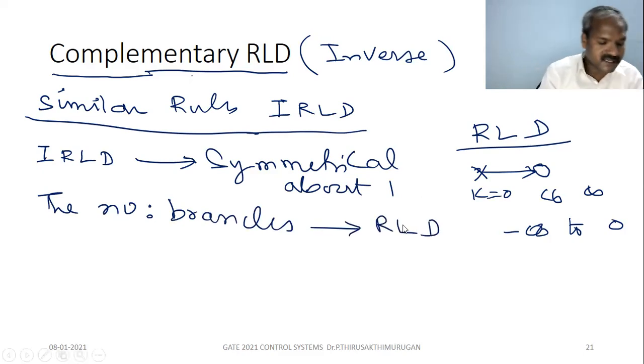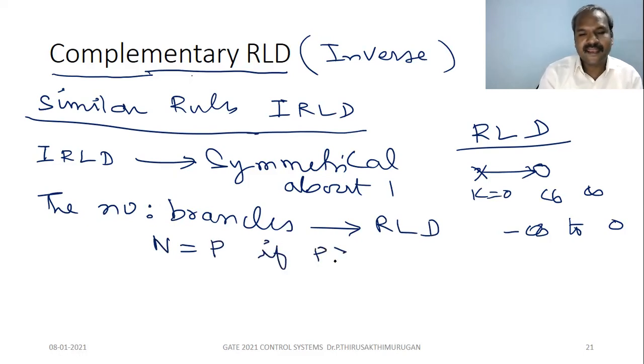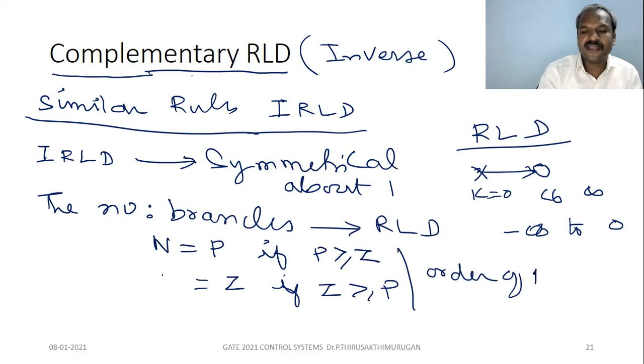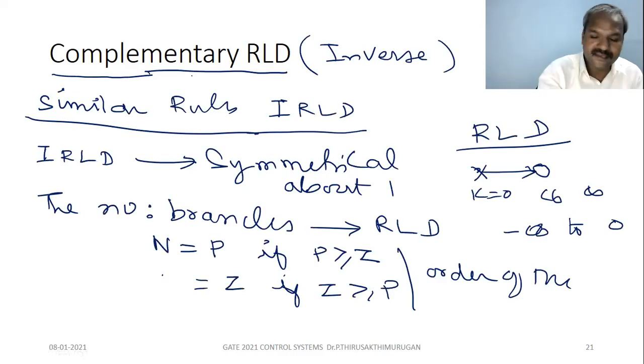The number of branches is equal to the number of poles if p is greater than or equal to z, and equal to the number of zeros if z is greater than or equal to p. This will give the order of the system. This condition is the same as that of the root locus diagram.